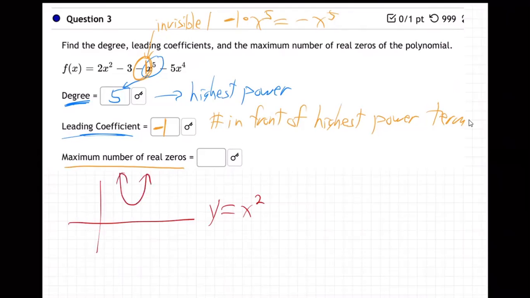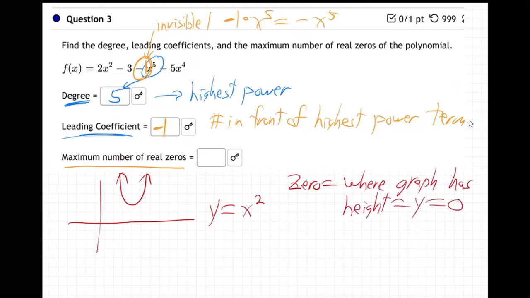And what is, well, first off, what's a zero? A zero is where the graph has a height, which is a y value of 0. That's why we call it a zero. This graph has no zeros. This graph never hits it.